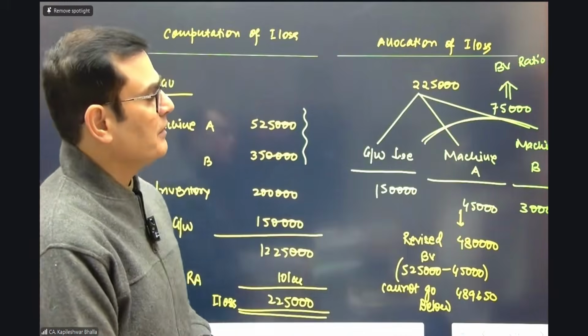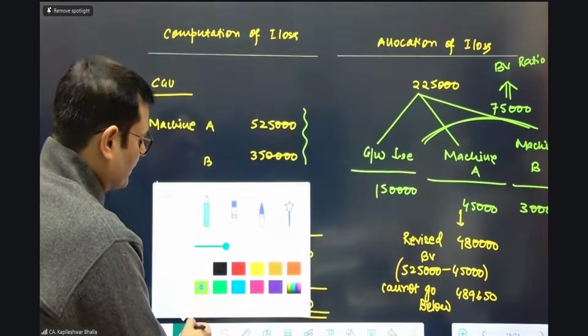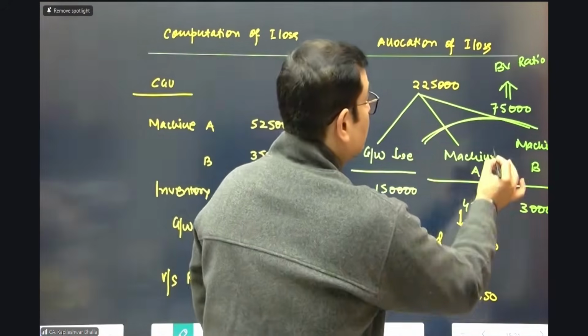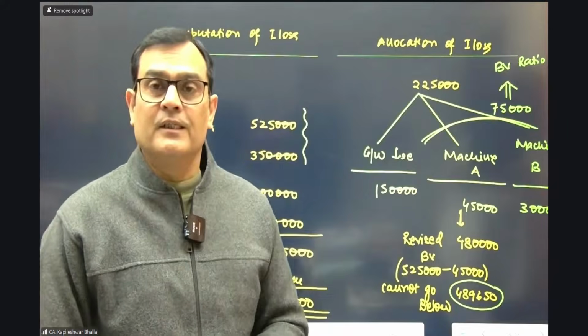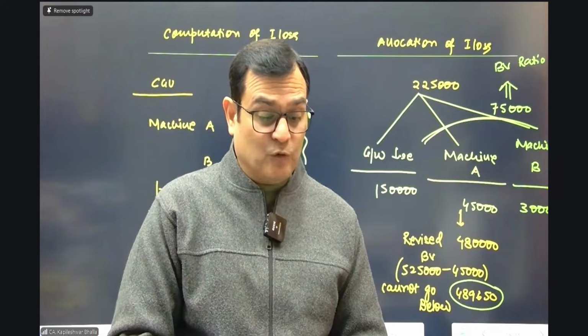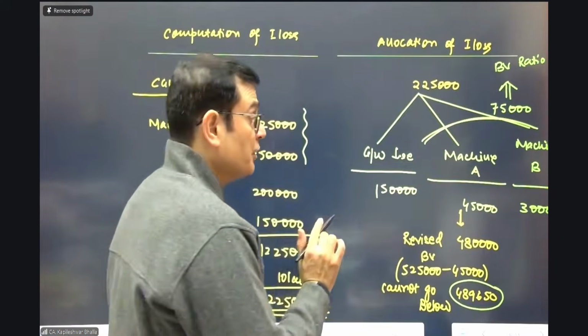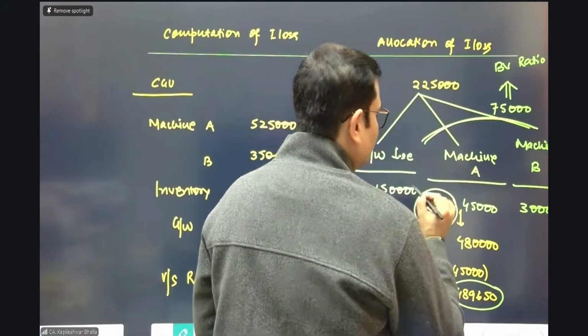So how much impairment loss will get allocated to A? Can I say you can bring it to 489,650? So 525 is the book value today minus 489,650. You can allocate only 35,350 towards A.